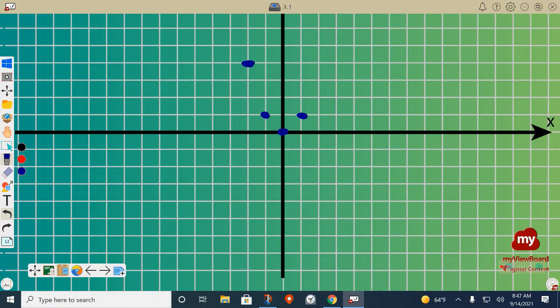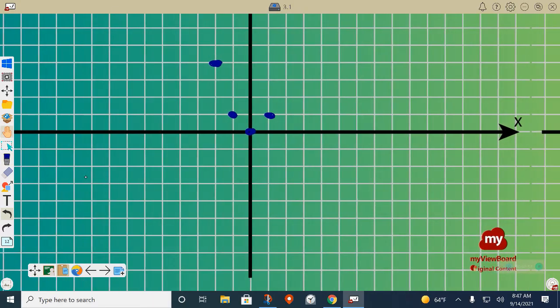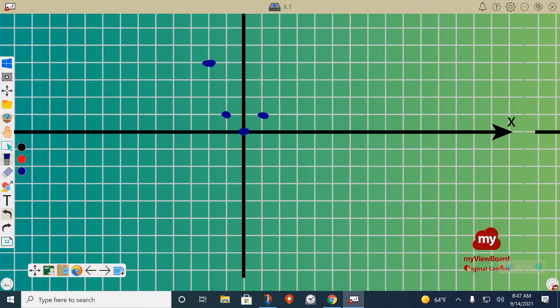If I were to continue putting a bunch of inputs into this equation, into this function, it would end up forming a parabola. It comes down, it comes back up, it goes forever up like this.